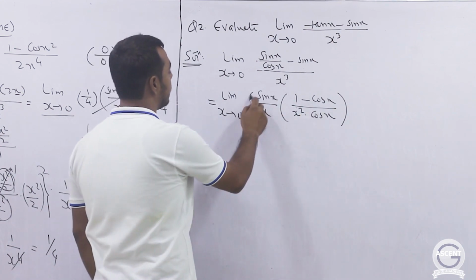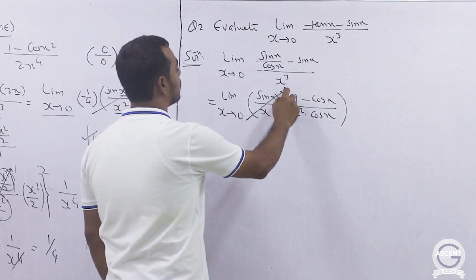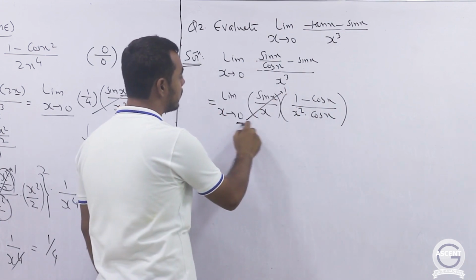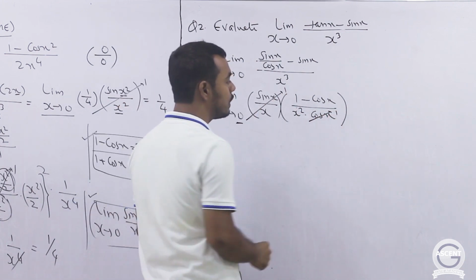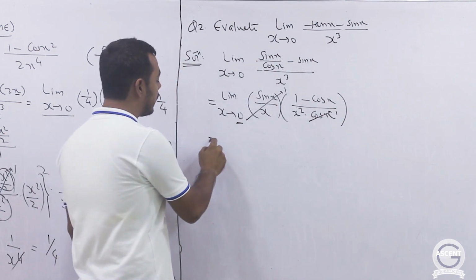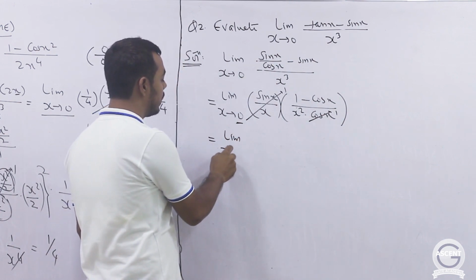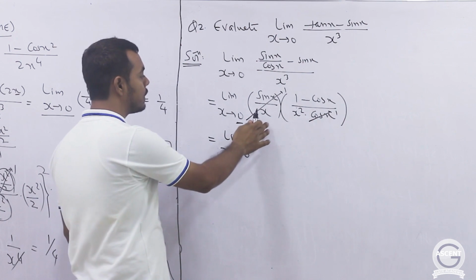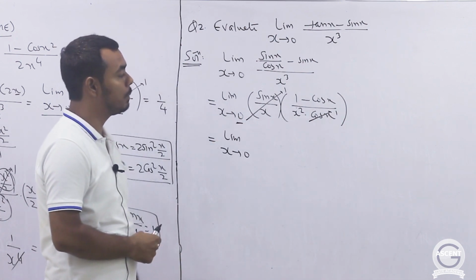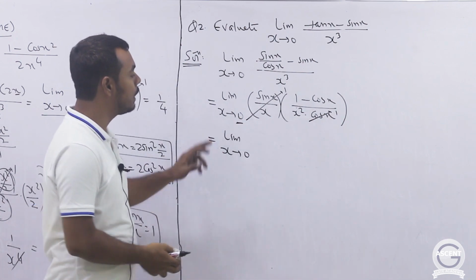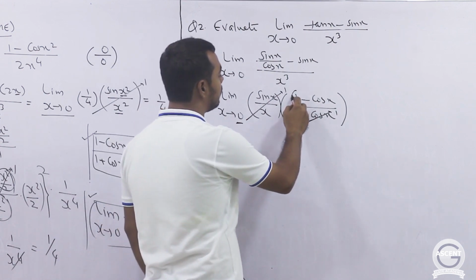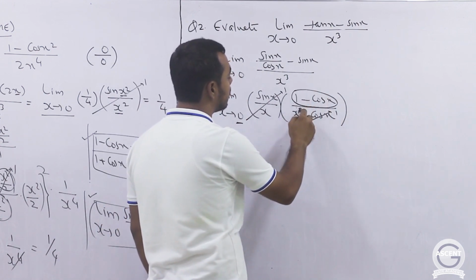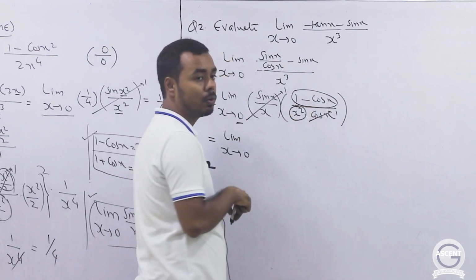Now when x is approaching 0, sin x by x will be 1. When x is approaching 0, this cos x is also 1. In case of limits, you can substitute the value of the limit as long as that is not contributing to an indeterminate form. Here we are getting an indeterminate form because of these two terms: 1 minus cos x becomes 0 and x square becomes 0.